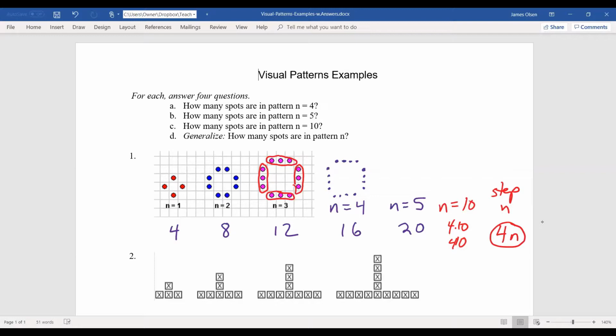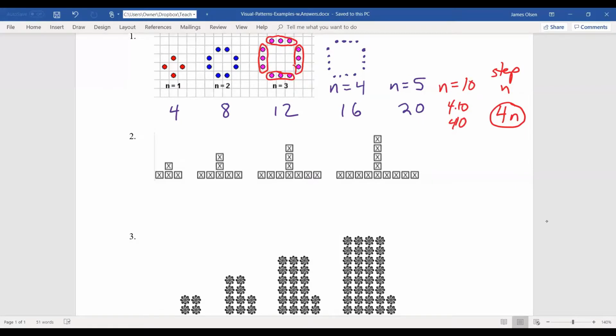Now let's go to example 2. Okay, so let me change my color here real quick. This is step 1, this is step 2, this is step 3, step 4. I need to find step 5, step 10, and step N, because that's what the directions were.